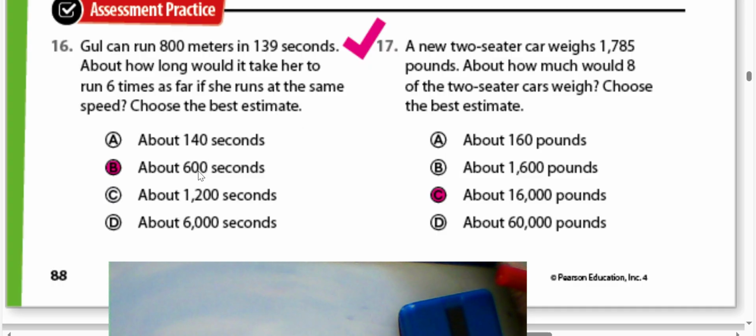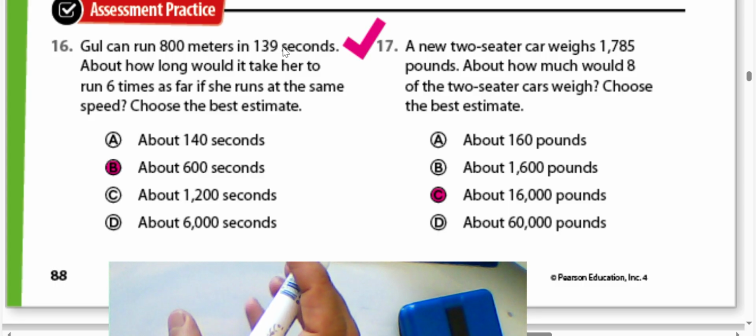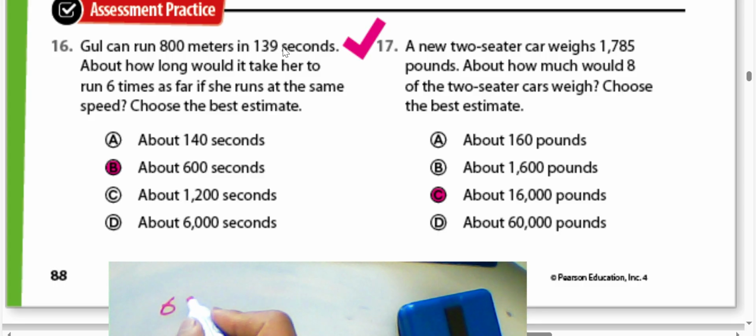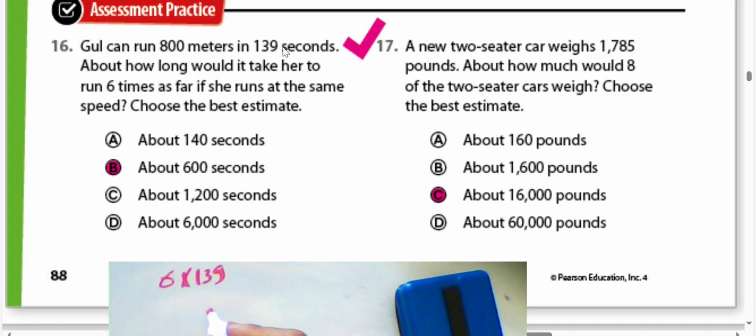The best estimation will be 600. Why? We can estimate 6 times 139. You can give me the answer in seconds. 6 times 139. We know 139 is nearest to 100, then 6 times 100, so the result will be 600.